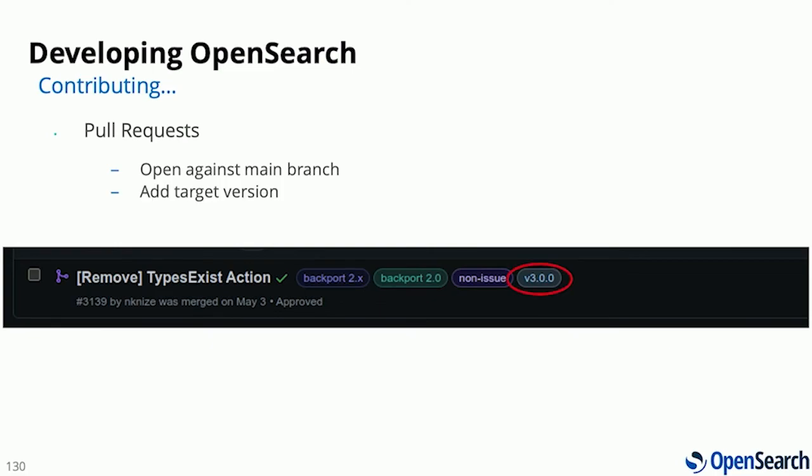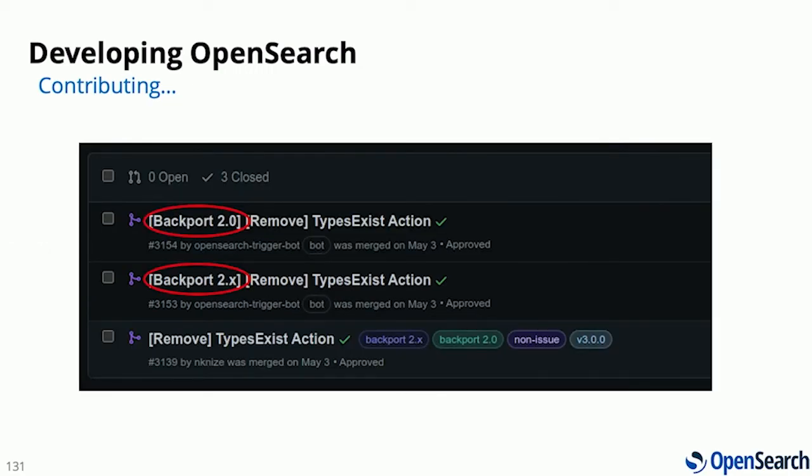So you add your target version, and then you add your backport labels. And this is important because we have automation built in that when you designate that backport label, a trigger bot will be fired off to backport for you to the proper minor branch. So you don't have to open up all the follow-on PRs. This was a huge contribution by the team, so whoever helped out in developing that, huge thank you.